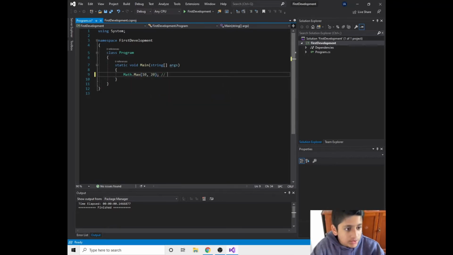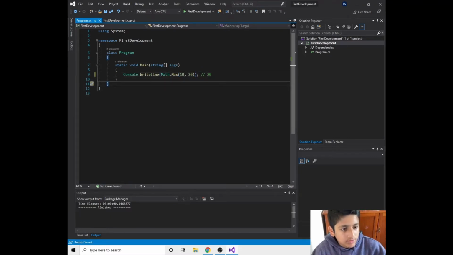Right here we know this is going to output 20, because it's going to get the maximum number. If you want to output this, we just have to write Console.WriteLine, do a bracket here, and a bracket at the end again. So that'll be Math.Max, and we know that this is going to output 20.